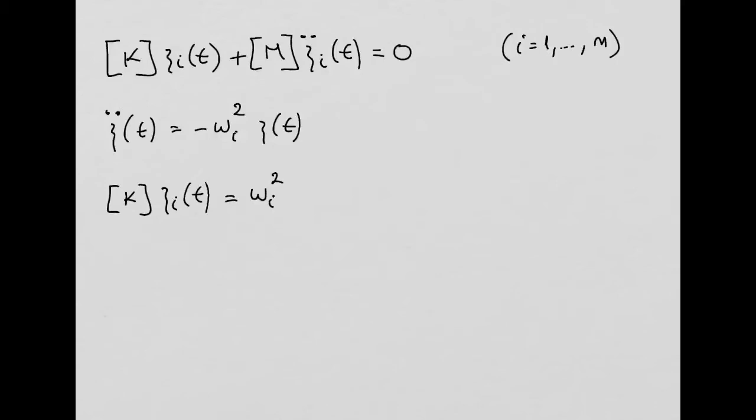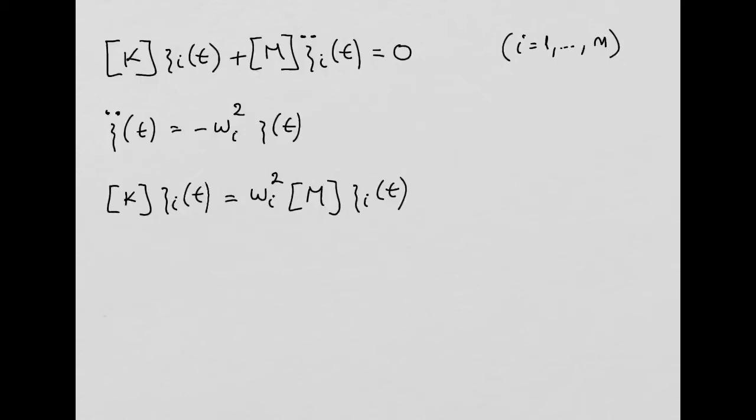So I send it to the right-hand side, I change the sign, phi i(t). Sorry, I forgot to include the mass matrix, times mass matrix times phi i(t) as well. Right?